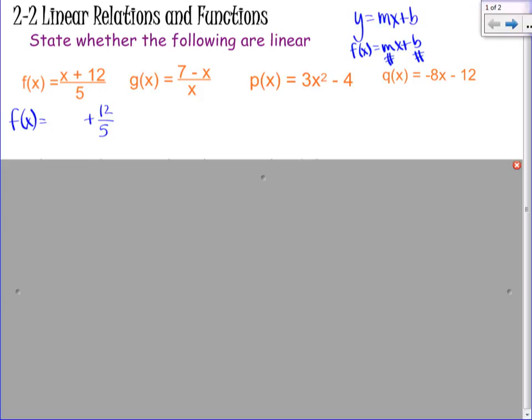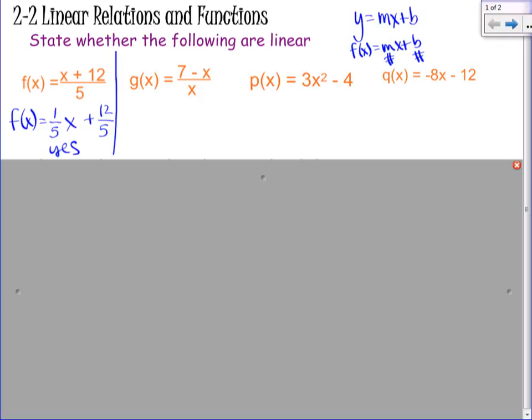Okay, what's another way to write x over 5? What's another way to write x divided by 5? 1/5 x. Okay, that's the same thing as x over 5. So is that in mx plus b form? Yes. Okay, so this is yes.